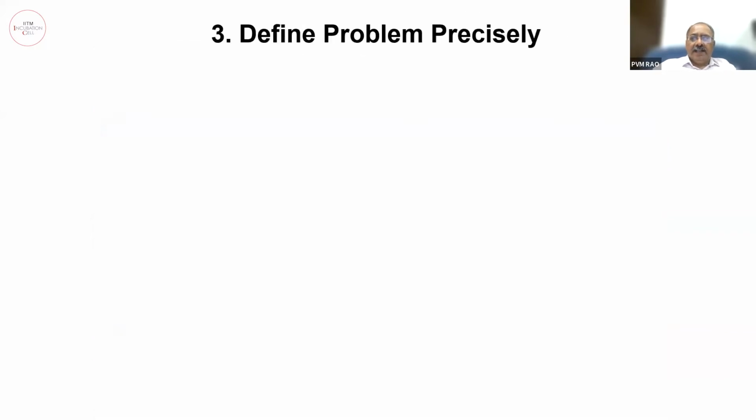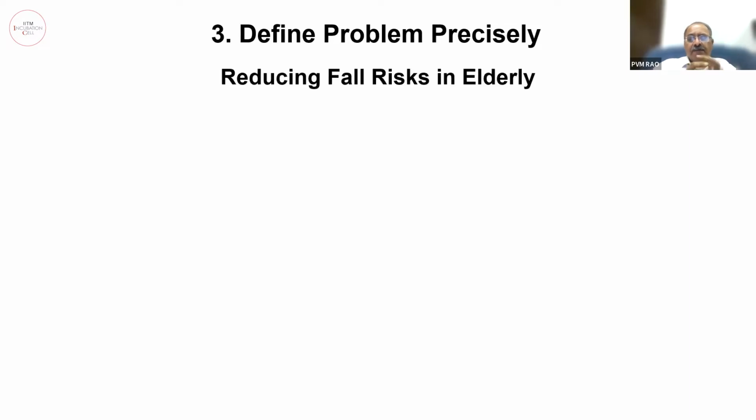Now, all this data which comes through primary and secondary research and tools such as empathy mapping helps you to define a problem. Take the same example. What we started with as a problem is, how do you reduce the fall risks among elderly? This was a much broader problem.